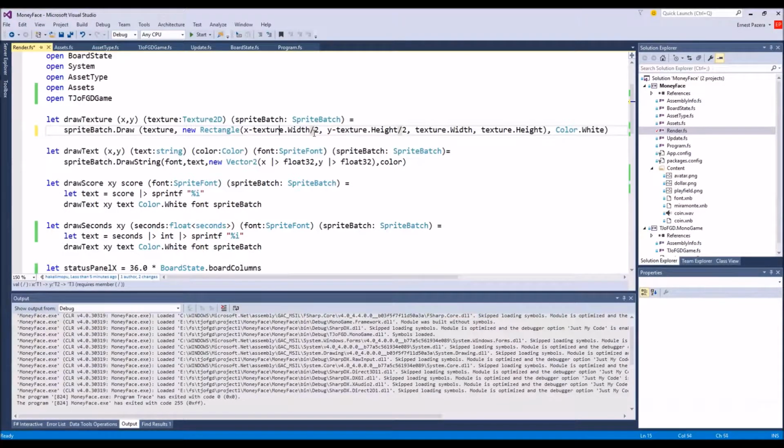This is cheesy, and we're going to want to do this a better way later on. I wanted to be able to define the middle of the texture as being 0.25 of the way or whatever. But in our case, the center of the texture is the center of the texture, so texture width over 2, texture height over 2 will give us that which we hope for.